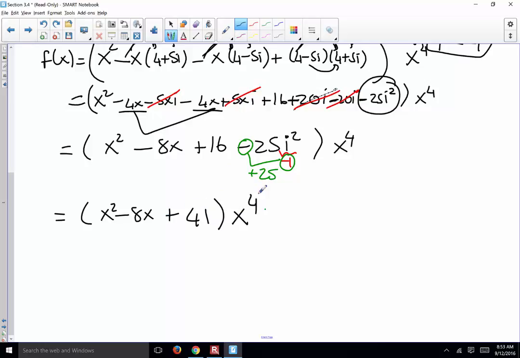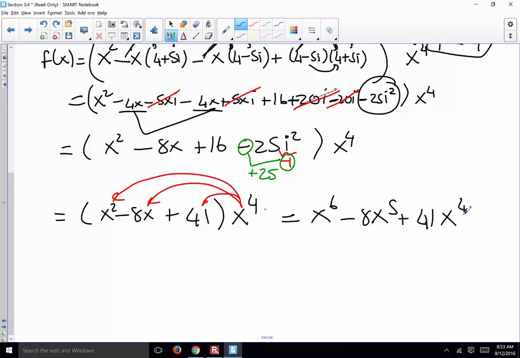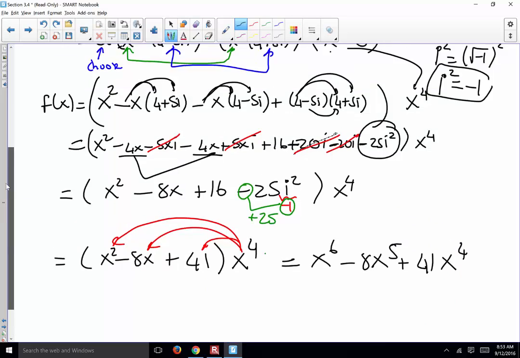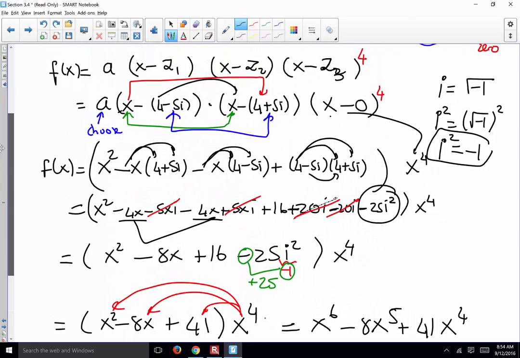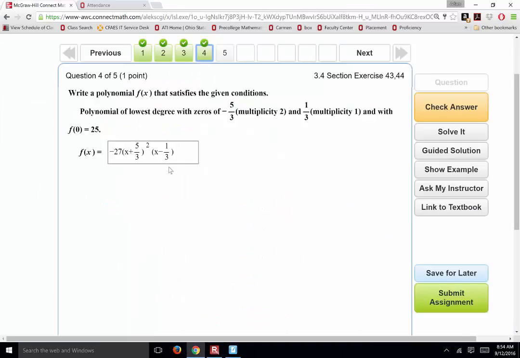Now you have x to the fourth. I will distribute this as well, and voila, we have our polynomial. I hope I did everything right. Have you checked my work? Okay, let's try it on.